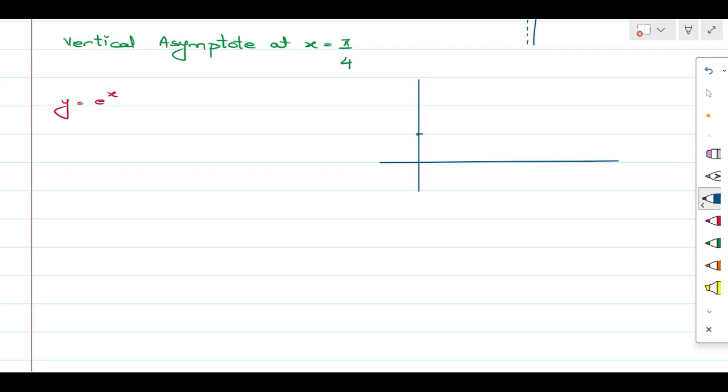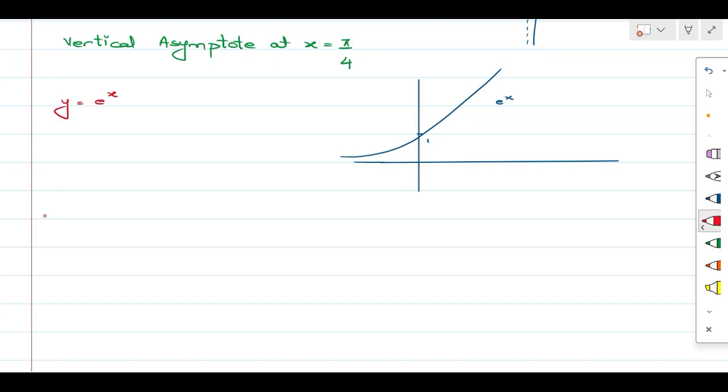Okay, so the graph of exponential e power x has a horizontal asymptote, y equals 0. Sorry, my bad. It has a y-intercept, y equals 1. This is a graph of e power x.